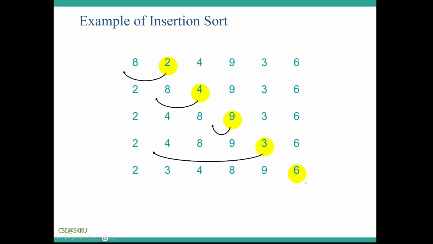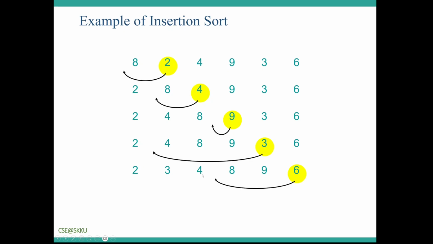The next element is 6. We compare 6 with 9 and 8 sequentially, and they are larger than 6, so we shift them to the right. Then we insert 6 after 4 because 6 is larger than 4.